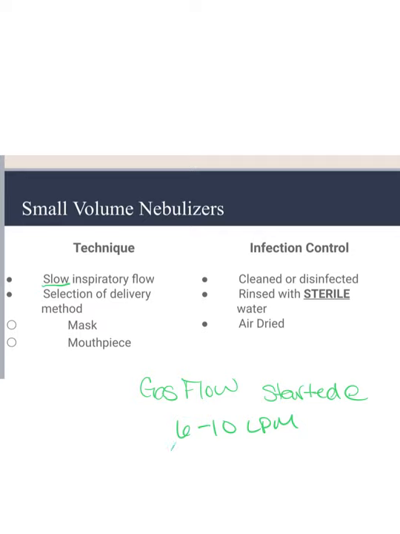So remember, this is going to be slower, and this is going to make the neb go faster. And that's going to affect the dosage that they get as well. So you need to know that you start the gas on the oxygen or the air at 6 to 10 liters per minute. Whether you use oxygen or air is also going to depend on your hospital and the patient.